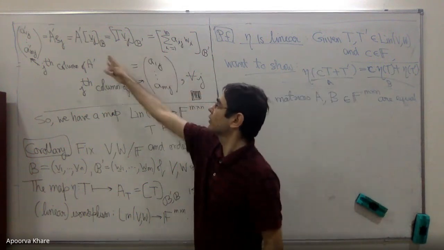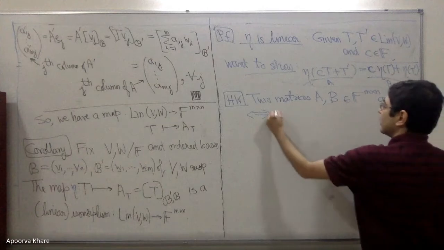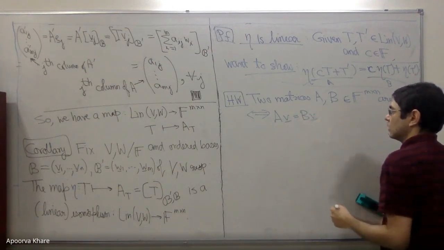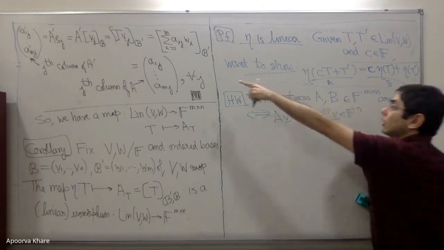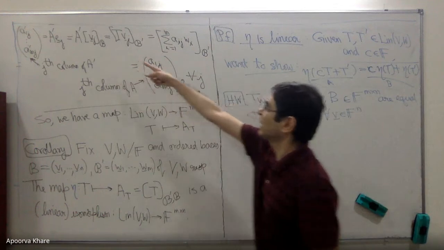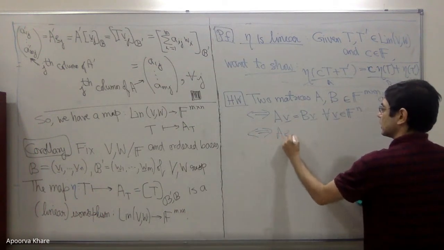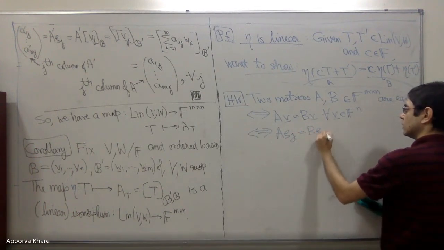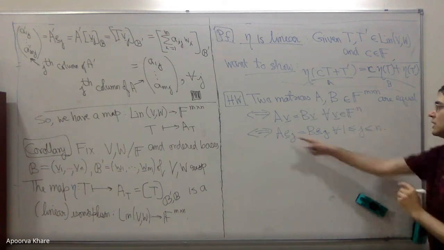Two matrices are equal if and only if their jth columns are equal. Right? So if and only if AV equals BV for all V in F to the N. Or if and only if, if you put A times e_j and B times e_j, then those are equal for all j, because these are just the jth columns.